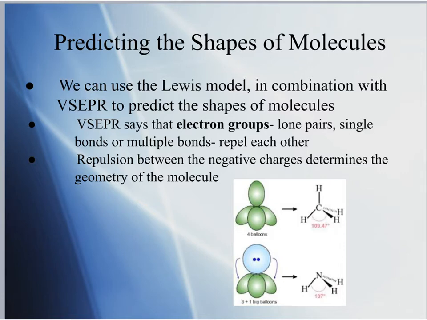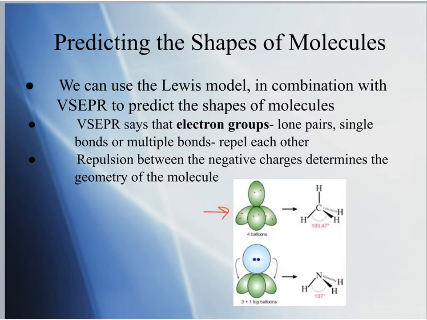And so that repulsion in the valence shell is going to set up different types of geometries or shapes of molecules. So for example, in this first one here, these little balloons represent the 2 electrons in each of those subshells in the valence shell. Okay, so these balloons represent those electron groups, and they want to be as far apart from each other as possible.